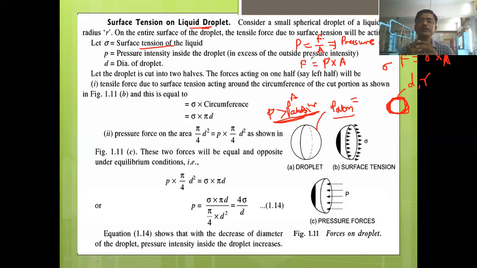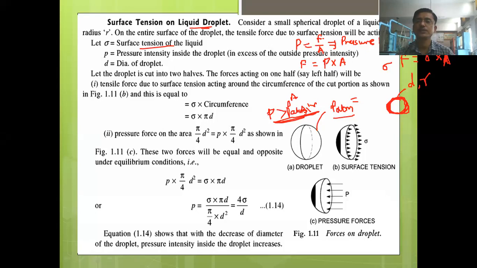So under equilibrium condition, this pressure intensity or pressure force must be equal to the tensile force. या ठिकाणी आपण जो लिहिलेला आहे, it must be equal to this tensile force.